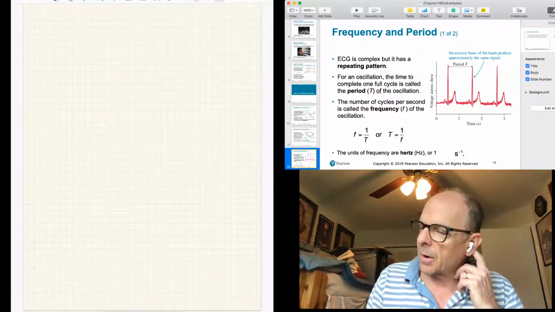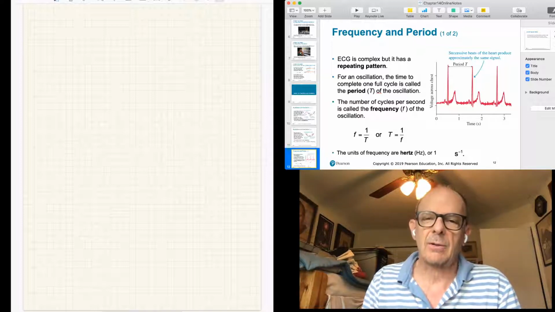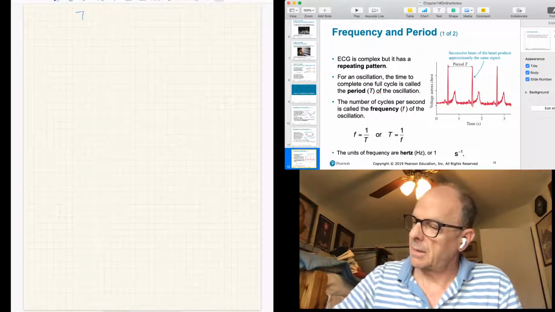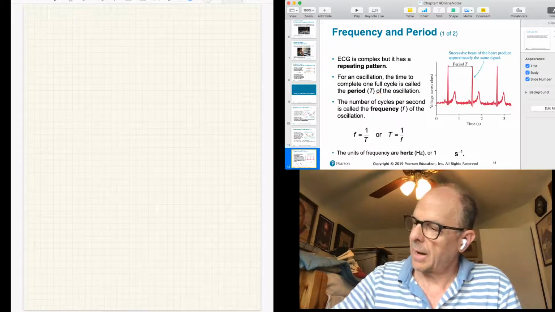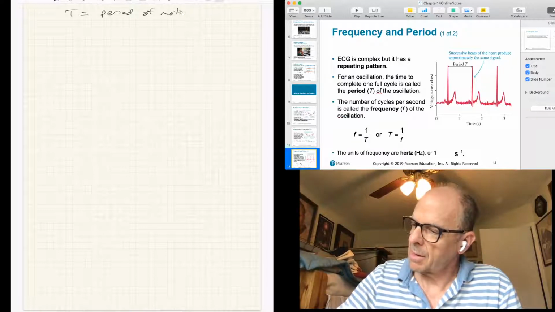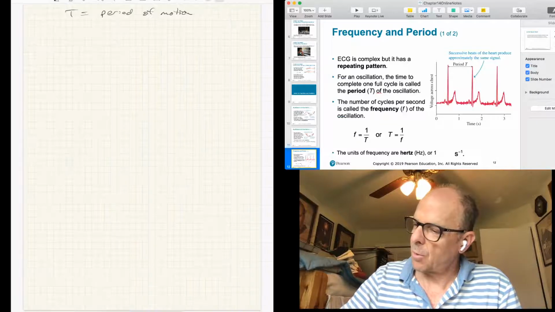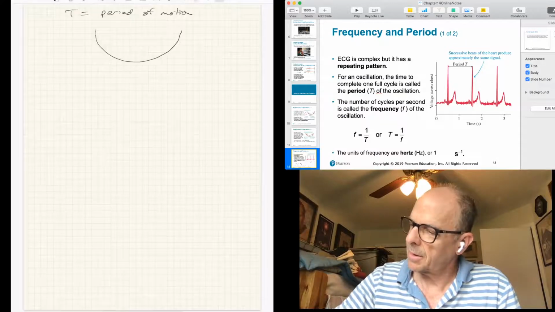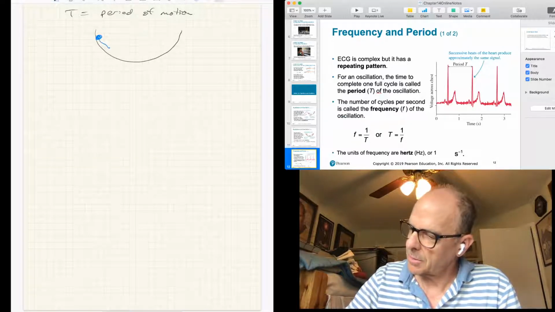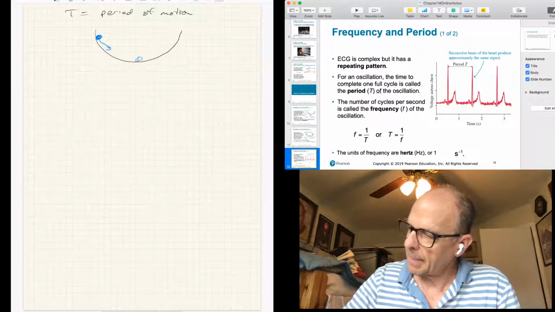Now, we're already familiar with some of the terminology that we use to characterize oscillatory motion. T, big T, is the period of the motion. So for our example of that bowl, our ball goes down this way, up to here, and it's going to come back down.